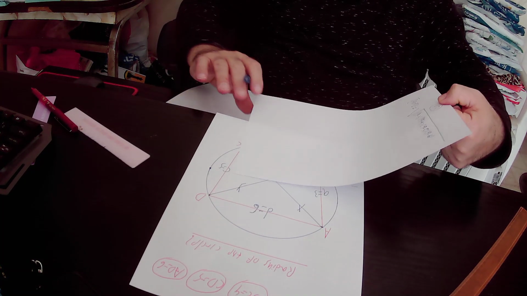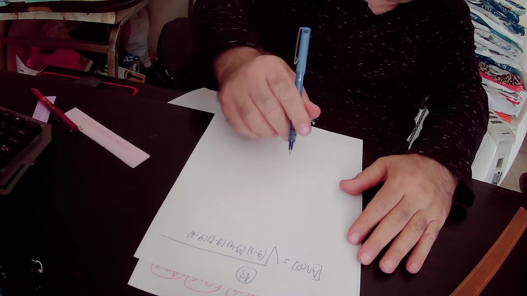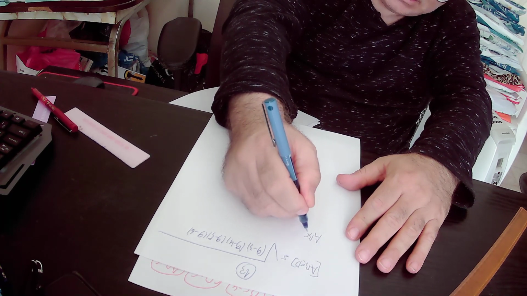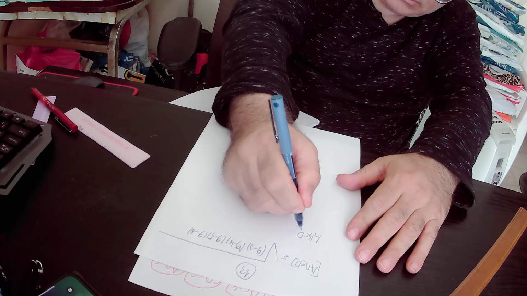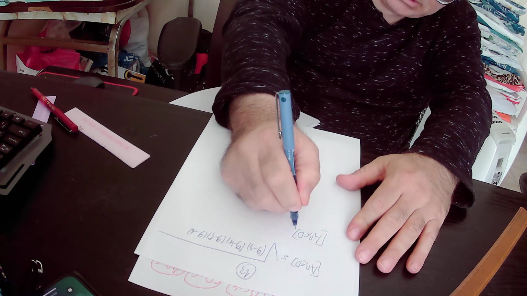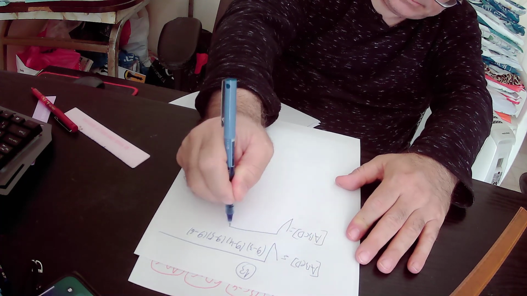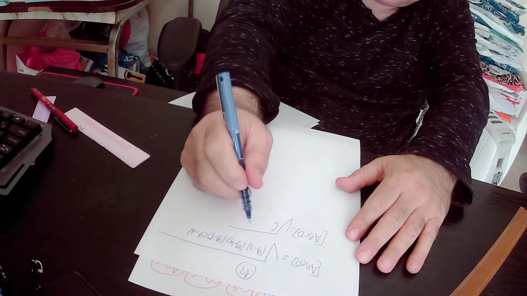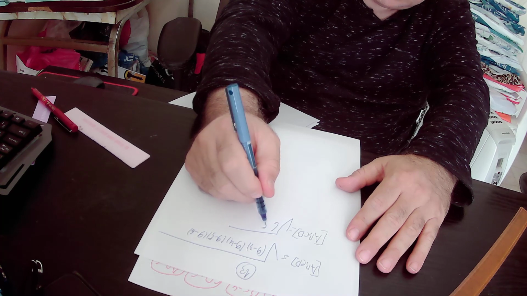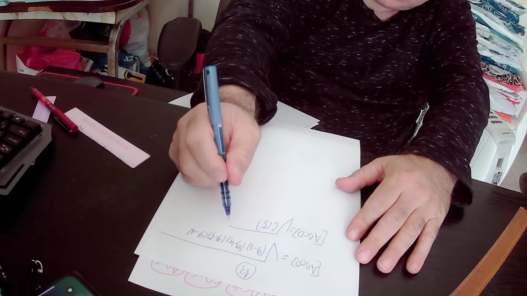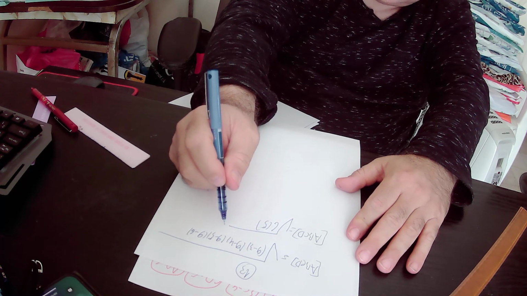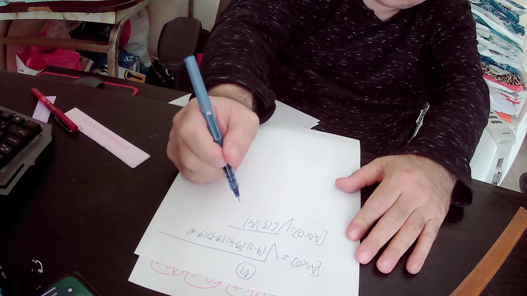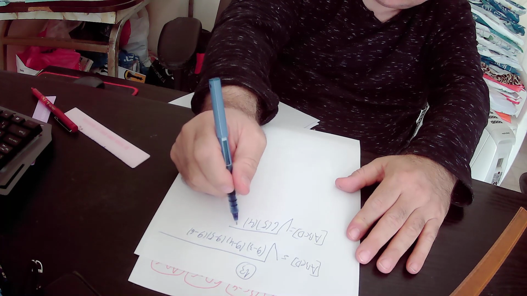It is very easy to find out the area of quadrilateral ABCD, only to do the simple arithmetic. What is left? It will be equal to the root of 9 minus 3 is 6, and 9 minus 4 is 5, and 9 minus 5 is 4, and 9 minus 6 is 3.